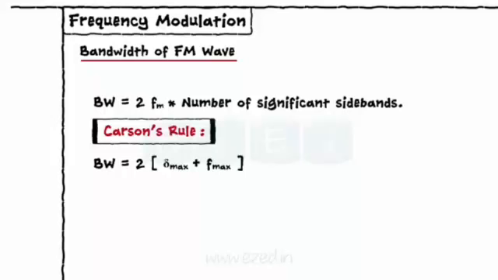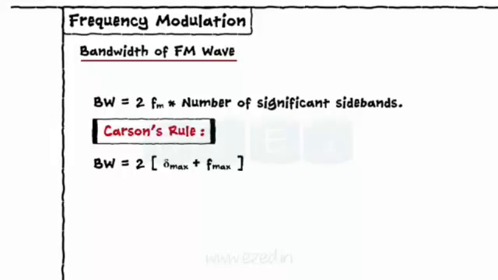Their applications are also different for wideband and for narrowband. Narrowband, we have already discussed, is used for human speech only, so it can be used for two-way communication, and wideband can be used for broadcasting.